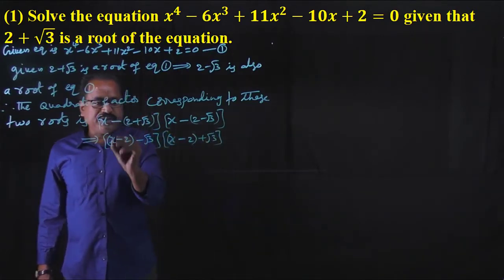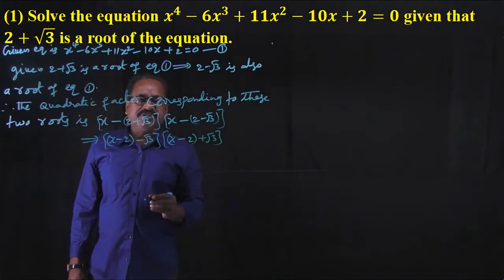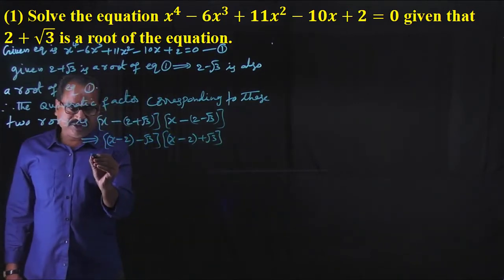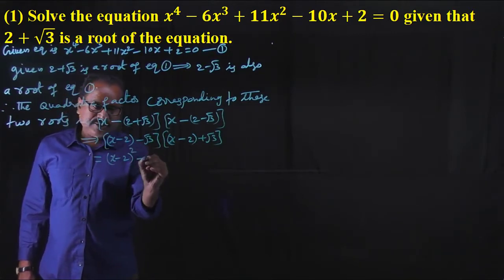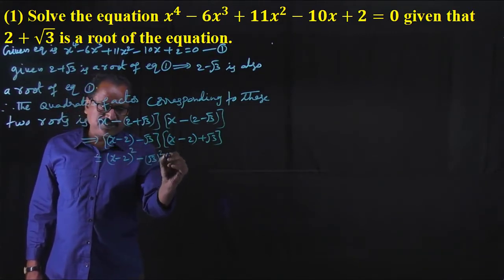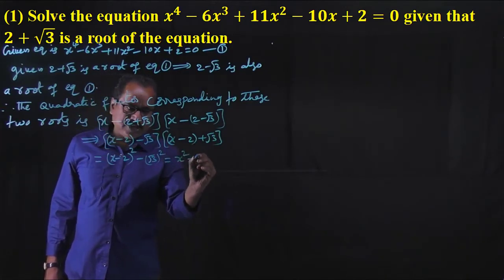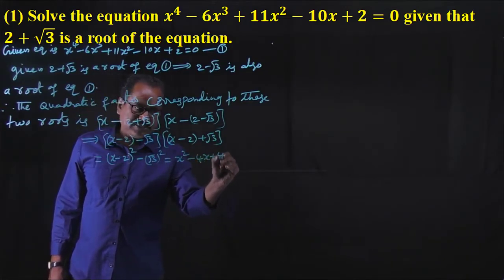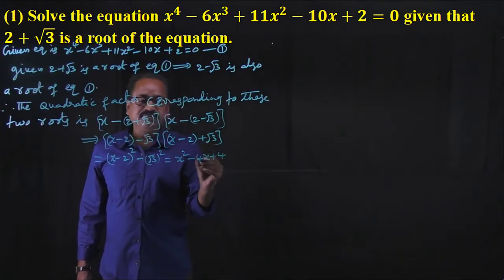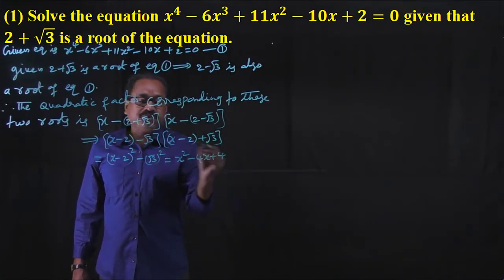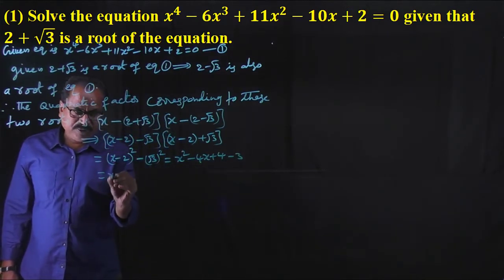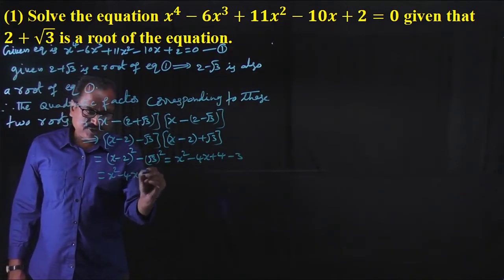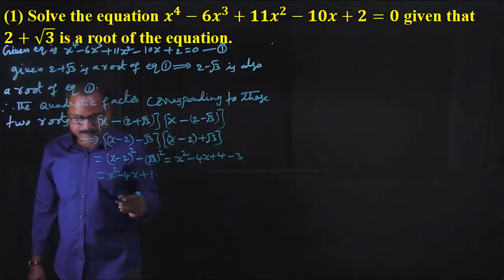Here using (a minus b) into (a plus b) equals a square minus b square, that is equal to (x minus 2) whole square minus (root 3) whole square, that is equal to x square minus 4x plus 4, root 3 whole square is 3, minus 3. So this is equal to x square minus 4x plus 1.